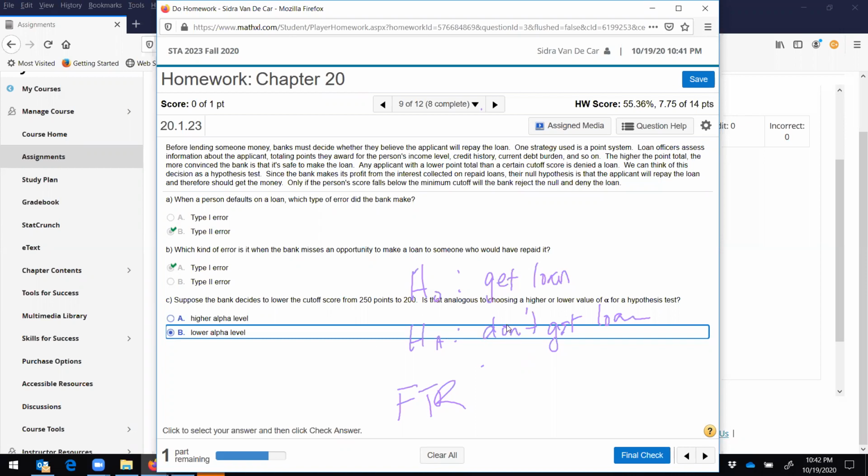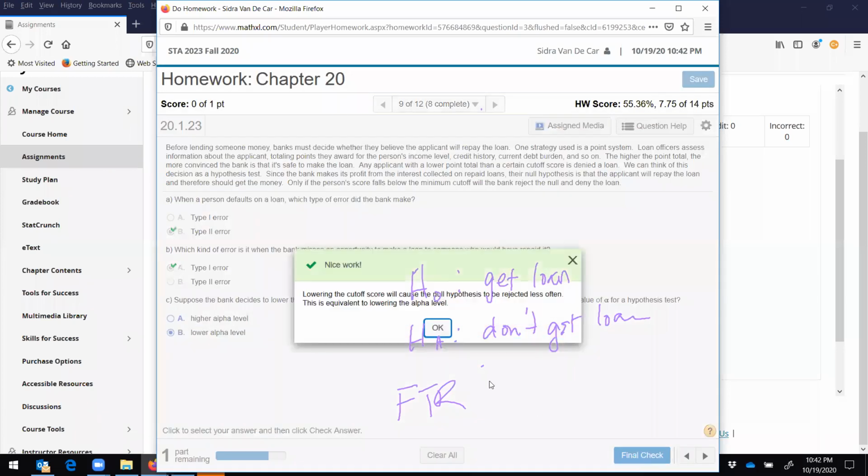So if I make it harder not to get the loan, that would be equivalent to lowering the alpha, because we're lowering the cutoff score from 250 to 200. So we should be rejecting fewer people. That would be a lower alpha level.